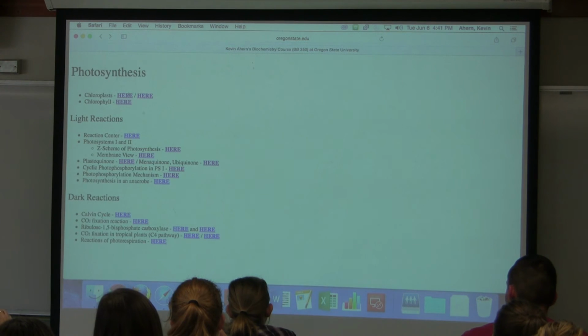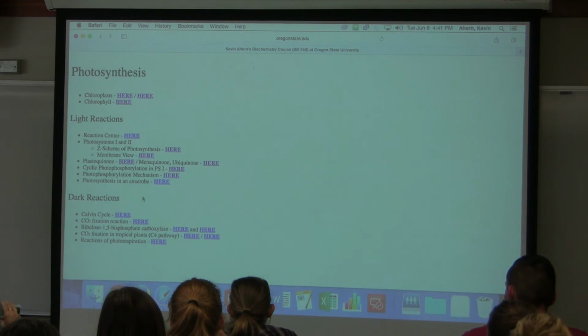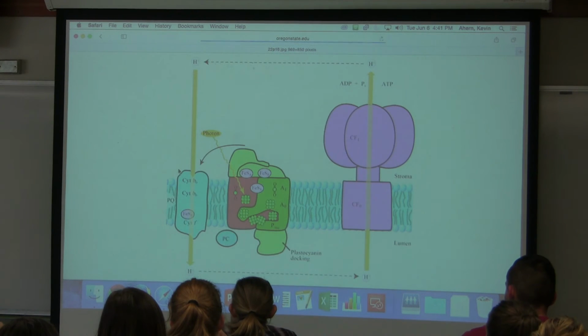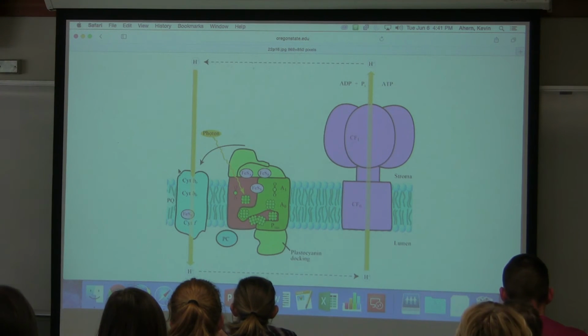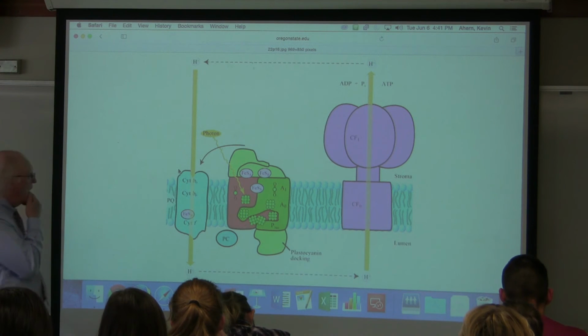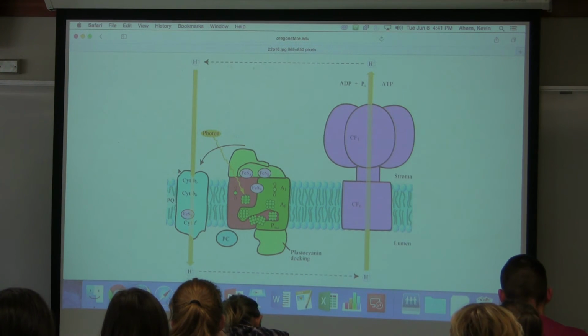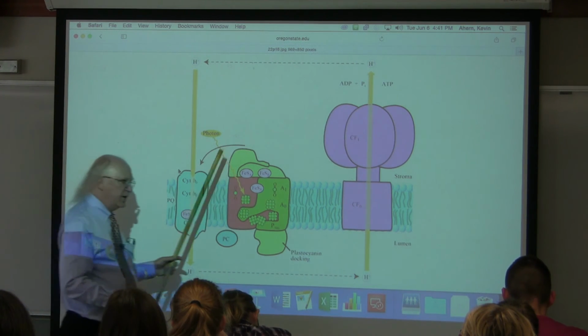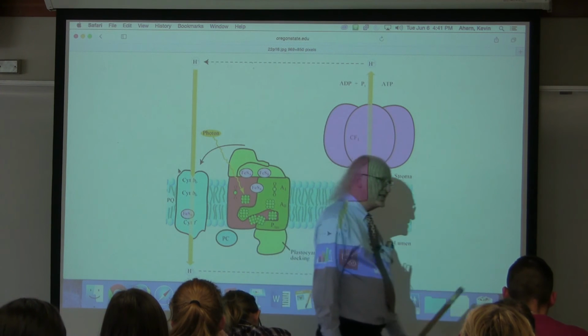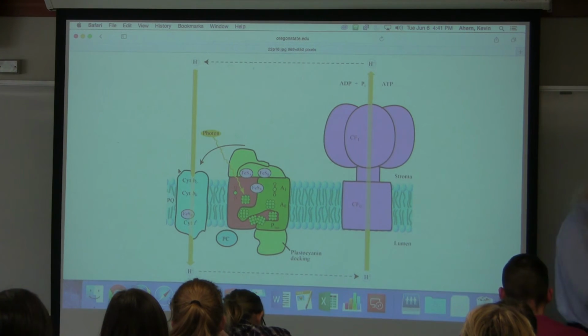And I wasn't going to talk about it, but I think I will here since Anna has asked the question, and that has to do with photophosphorylation. Okay. Photophosphorylation is important for plant cells because when they're in bright sunlight for a long period of time, they get real charged up like a battery.